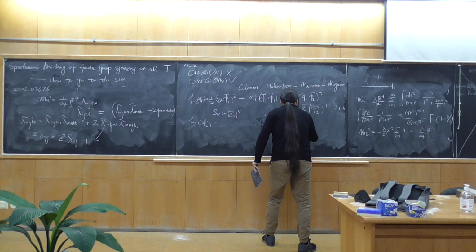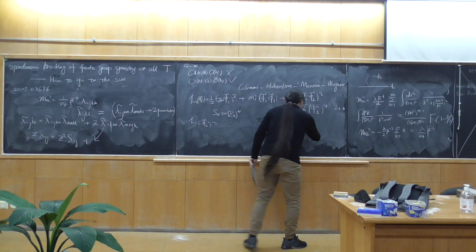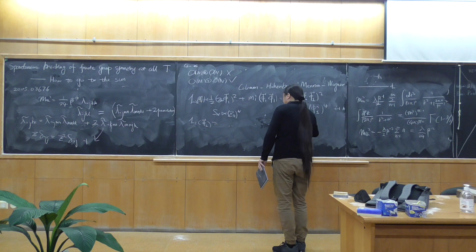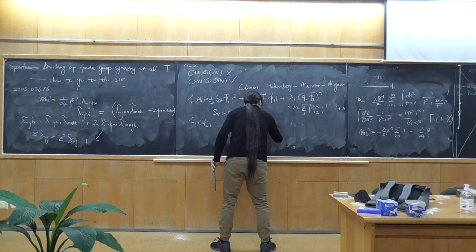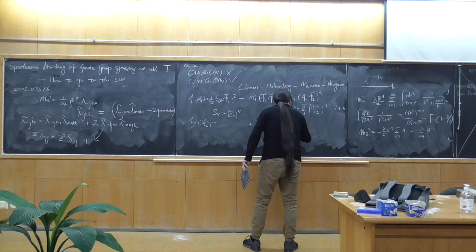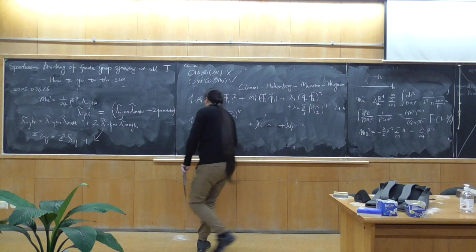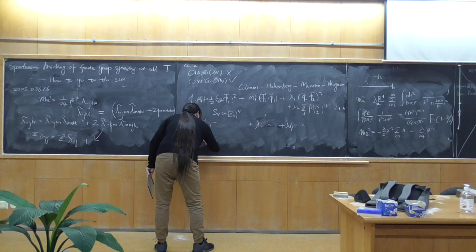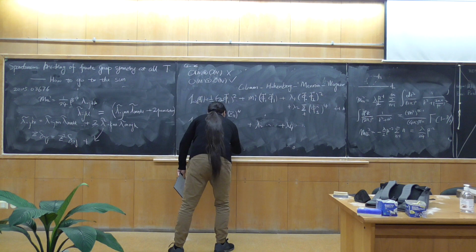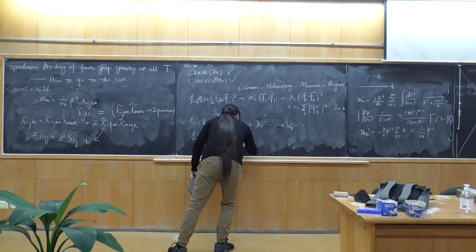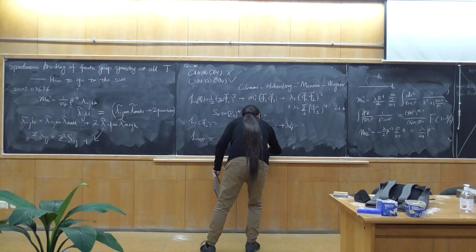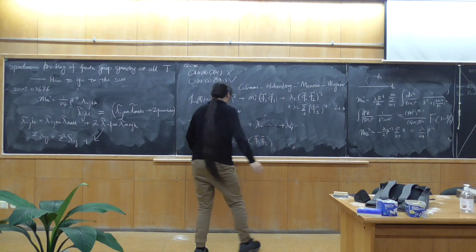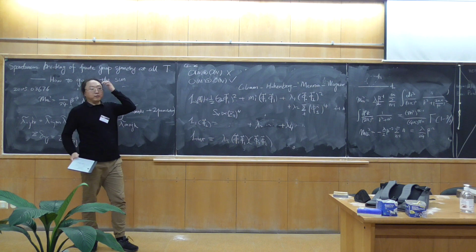I'll just have a lambda 3 term, plus lambda 4 of some terms. I'll have an interaction term, which I'll call the fifth coupling. This guy, okay? Now I have 5 couplings.